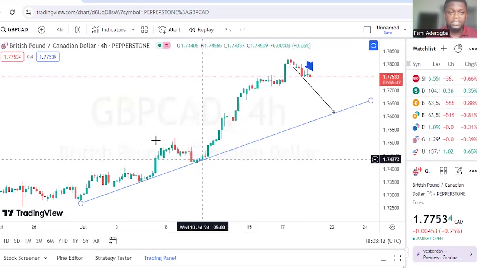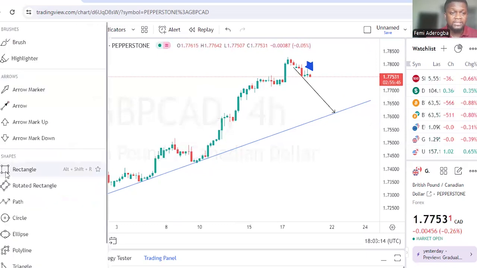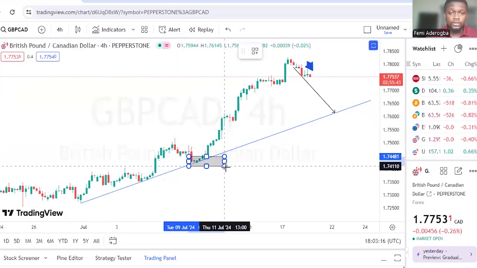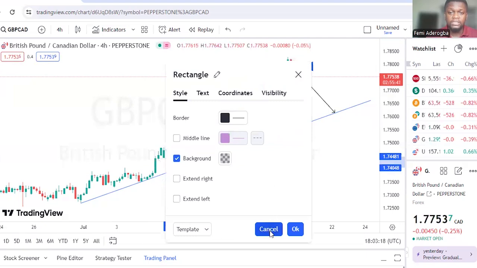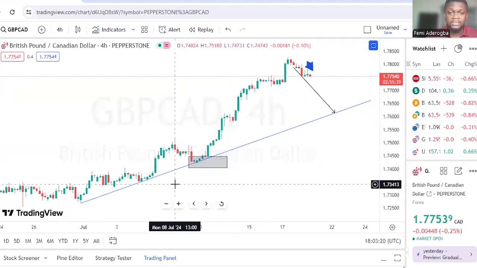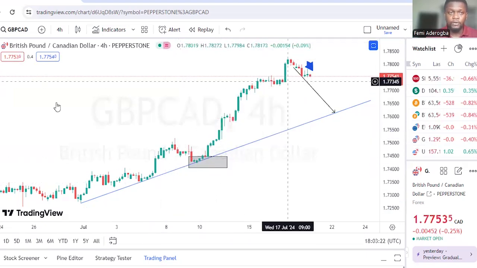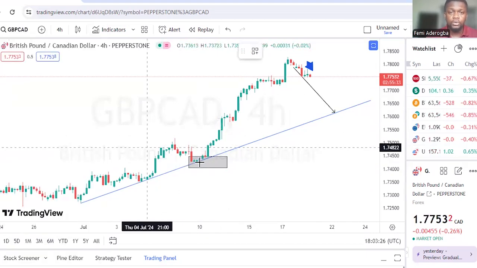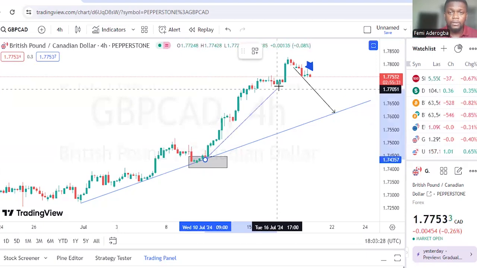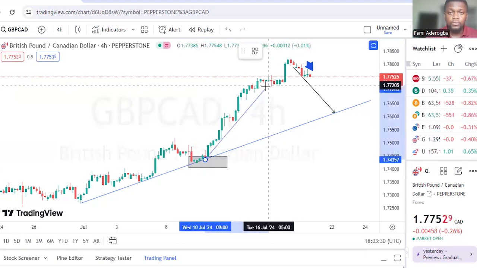You can see this is where the market tried to respect the line before, this is where it respected the line before it moved up. Because of that, it will also be essential for you to do this. You are going to follow the market.